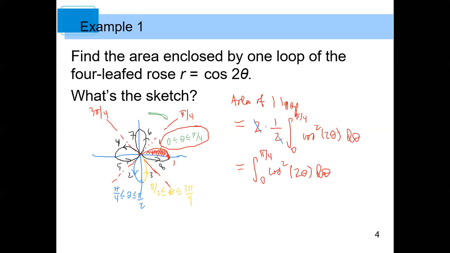What do I do? How do I integrate this? You guys thought that you could forget everything from chapter 8, right? How am I going to integrate this thing? Yeah, one of the power reducing formulas. Remember when we were doing trigonometric integrals? Trig integrals. What did I do in the case where I had an even power of cosine?